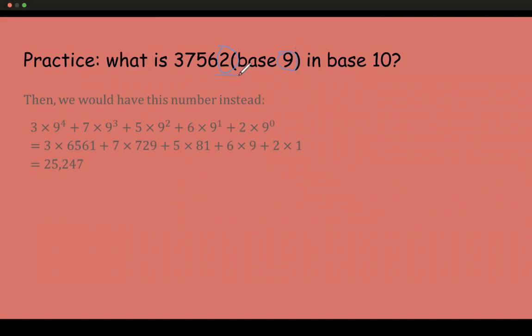For the first digit in a number, it's always multiplying by the base to the power of 0. So right here, for the first digit, it has a 2, which means that it's 2 times 9 to the power of 0.